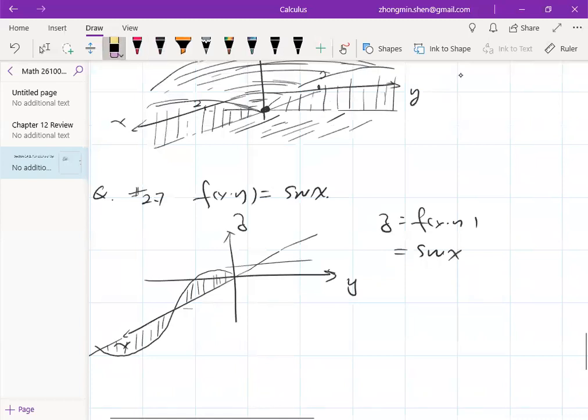This is parallel. To draw a 3D graph, I'm not good at drawing, but I'm trying to draw a 3D graph.